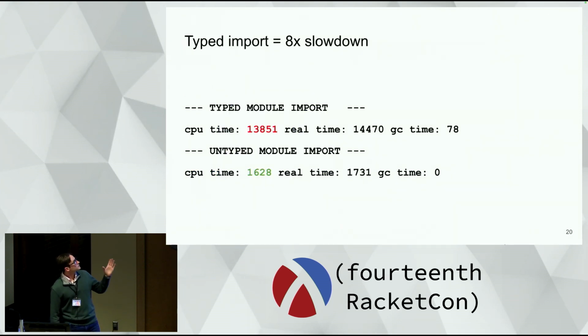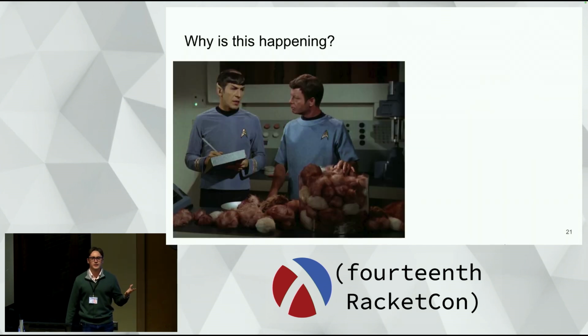So it turns out the version that uses the typed version of sub1 is way, way slower than the untyped version. So what's going on here? Basically, any type that can't be verified at compile time and taken away is converted to a runtime contract check.